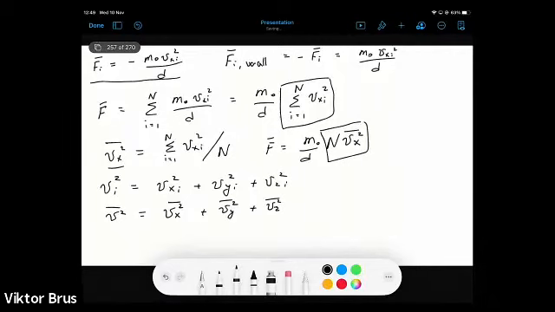So it is important to go from the definition of the average velocity x component to just average velocity, because we don't know exactly how they are moving.